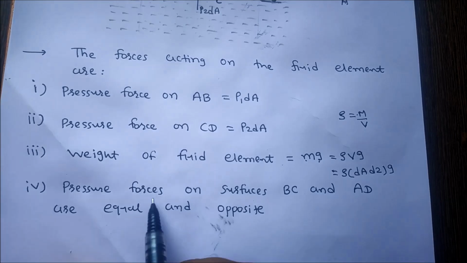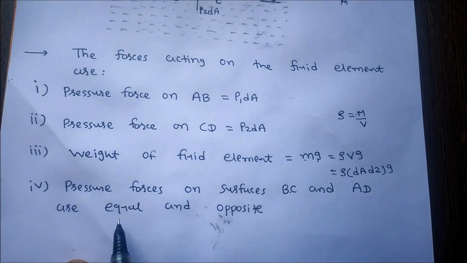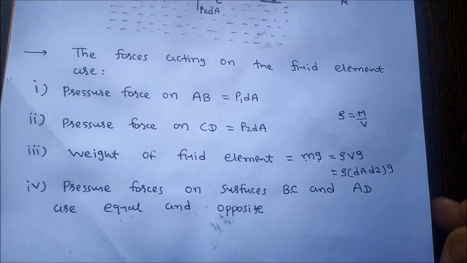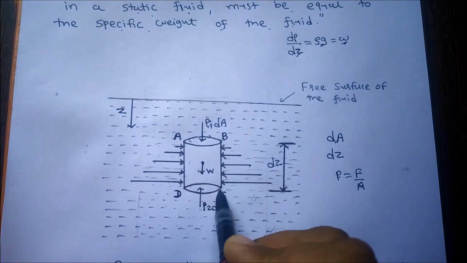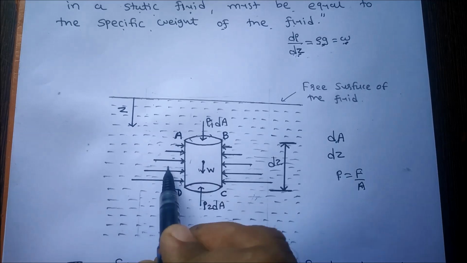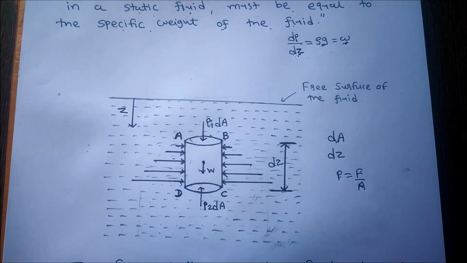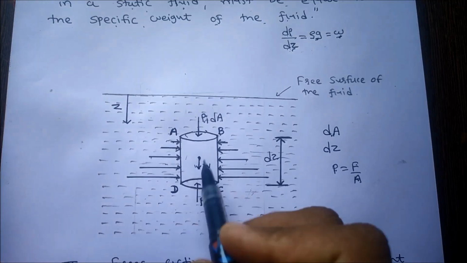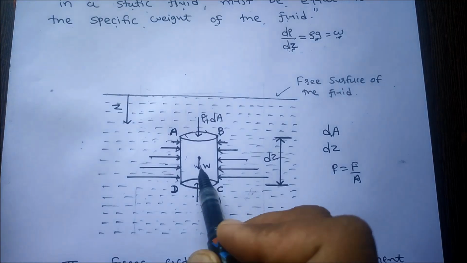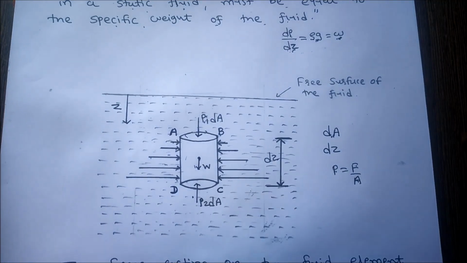Last one is pressure forces on surfaces BC and AD are equal and opposite. That's why they cancel out each other. Here the fluid is at rest, so the resultant horizontal force should be 0 and the resultant vertical force should balance the weight of this fluid element.